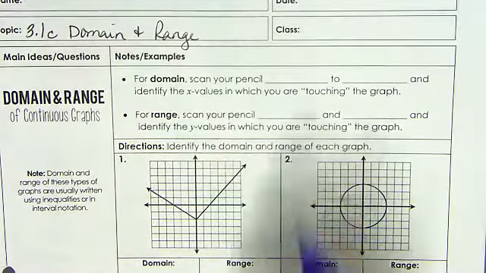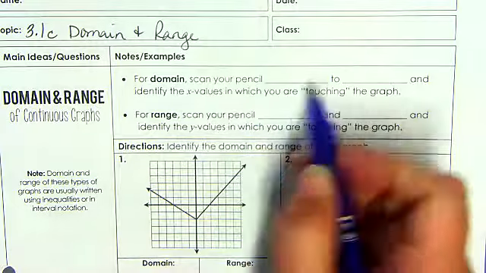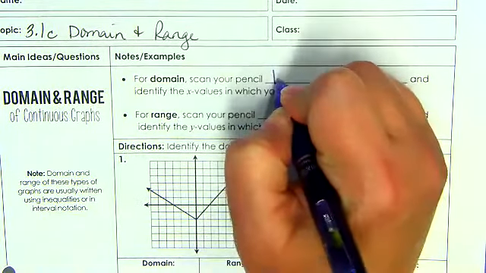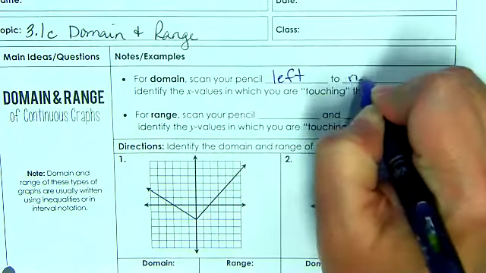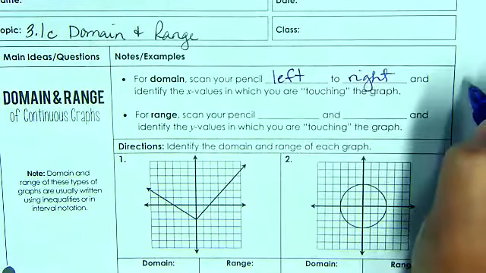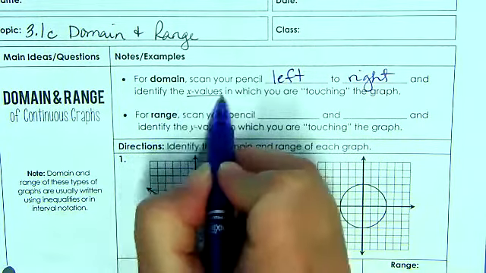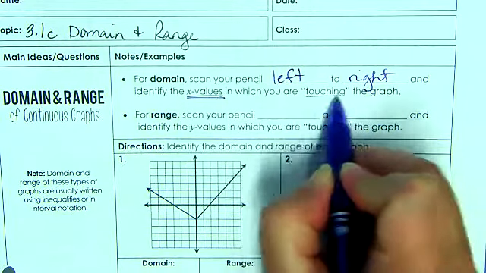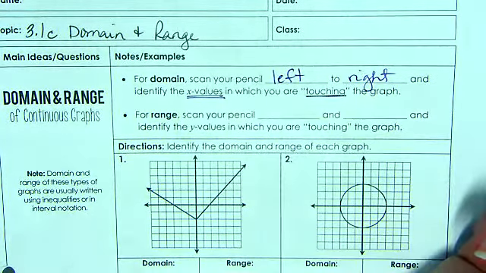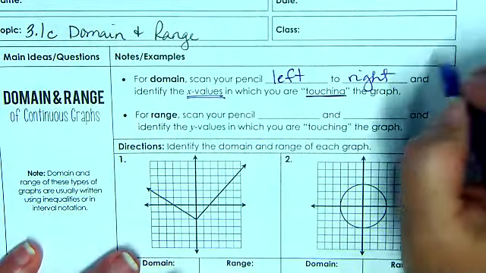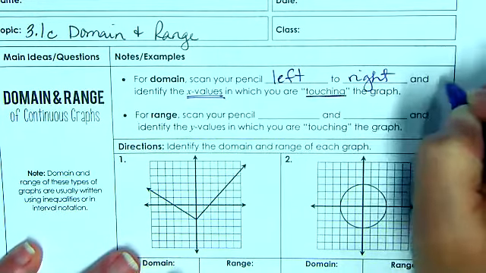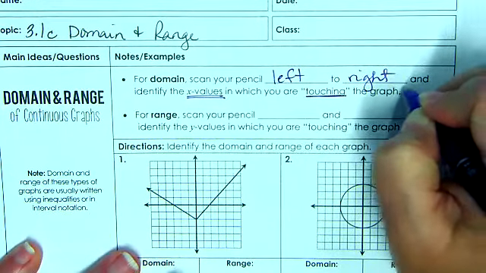For the domain, the best thing is to scan your pencil left to right and identify the X values in which you are touching the graph. My suggestion is also you can use highlighters and box the graph.